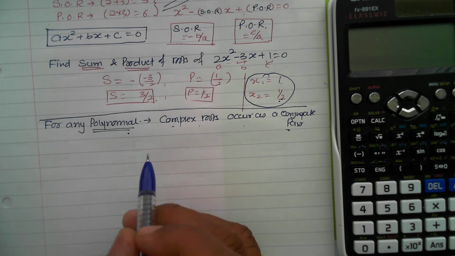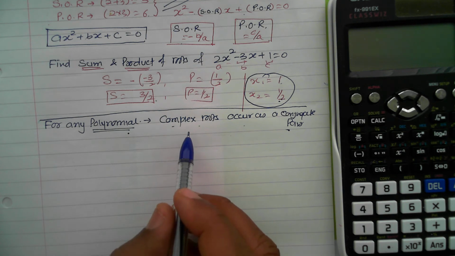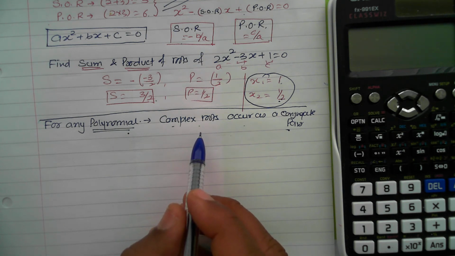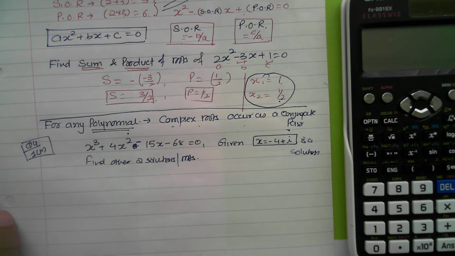If it has two different complex roots, that means it's bound to have 4 complex roots altogether, 2 pairs. A complex root cannot occur as a single thing in itself. It has to occur as a pair. I'm going to explain to you a bit more what I mean by this.